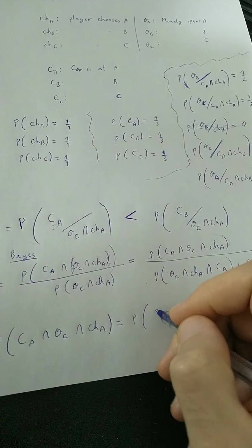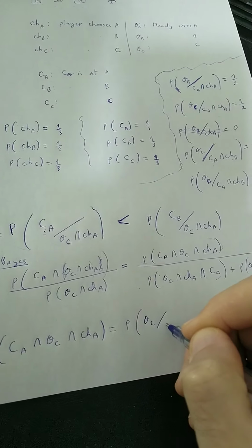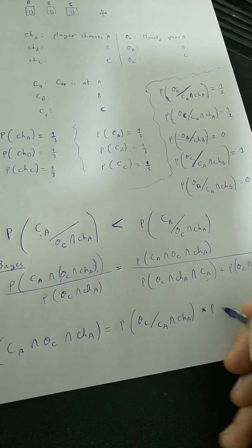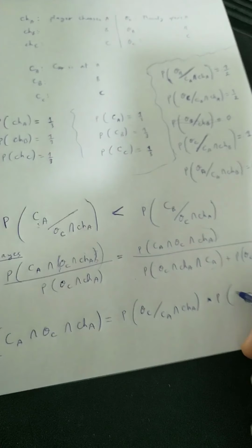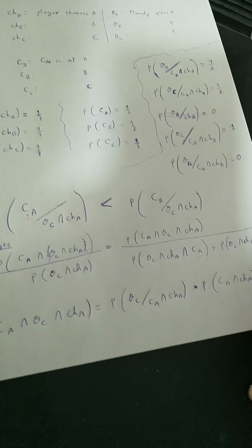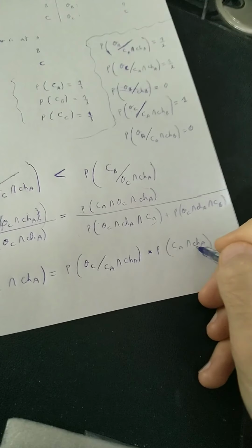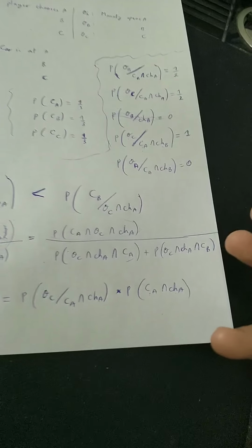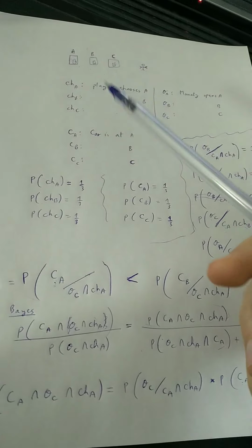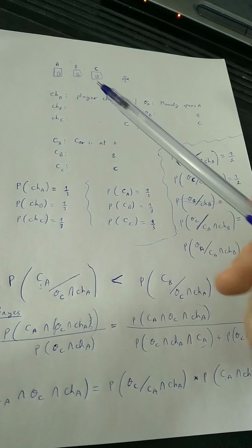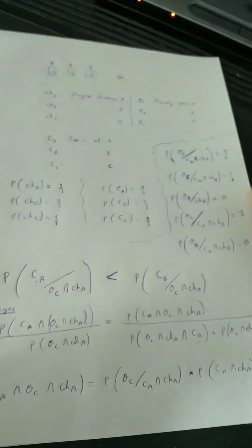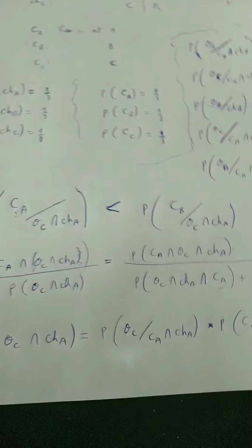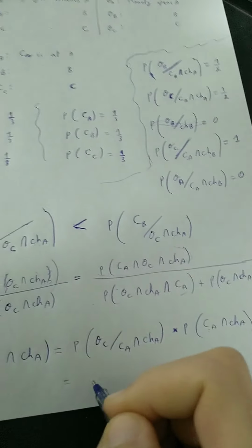Now, probability of OC such that CA and CHA times the probability of this thing, which is the car is at A and you've chosen A. Now these two events are independent. You feel this strongly, because what is the probability the car is at A? This is really independent of what you've chosen. The car was already there long before, and when you've chosen it, they're really not related to each other, they're independent.